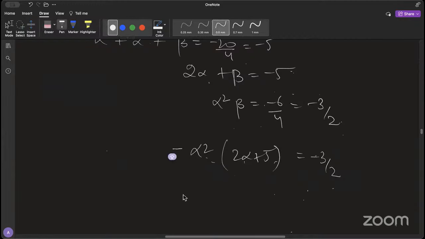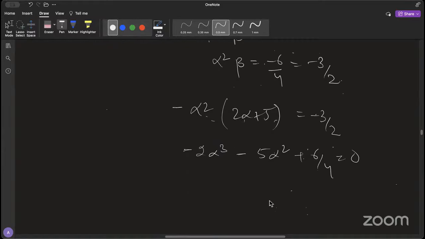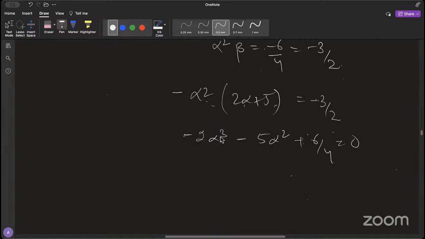This will then become minus 2 alpha cube minus 5 alpha square plus 6 by 4 equals 0. And if you substitute things here now, 1 by 2, so this will be minus 1 by 4, minus 5 by 4 and 6 by 4.